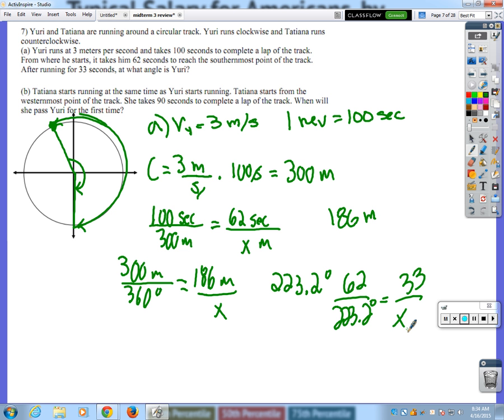What did you come up with? 118.8. Okay, so your answer would be 118.8 degrees from the starting point. Does that work? Okay.